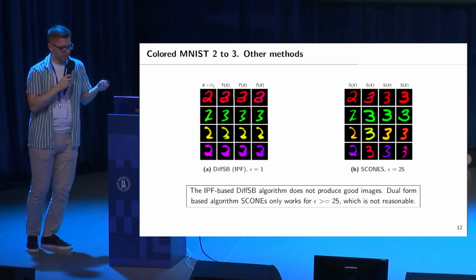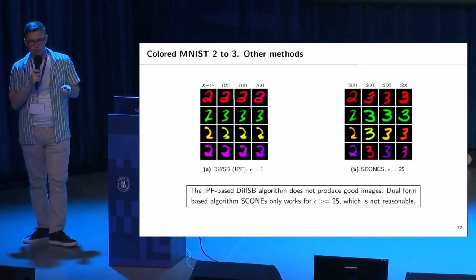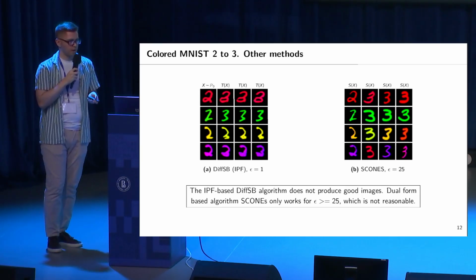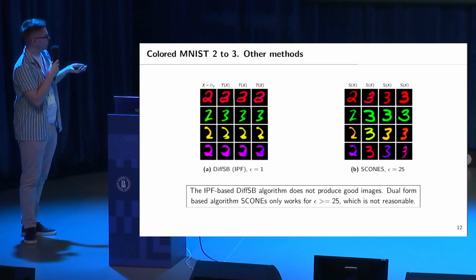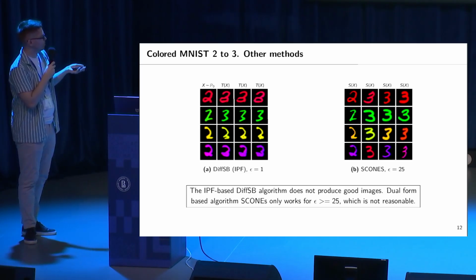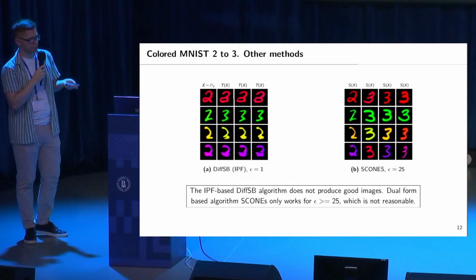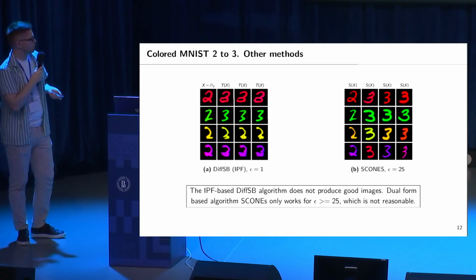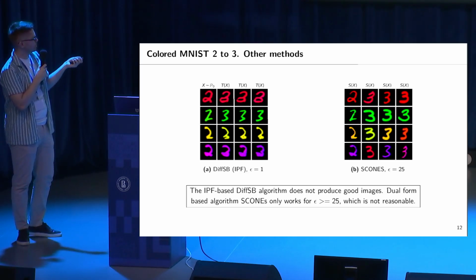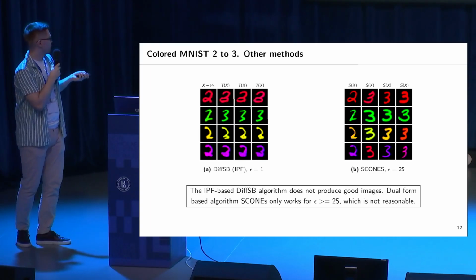While this setup is very easy, other methods which solve the Schrödinger bridge problem cannot do even this, because some of them cannot produce good samples, and some of them solve this problem for such a big epsilon at which the solution is meaningless. I mean that the color is not preserved for most of the samples.